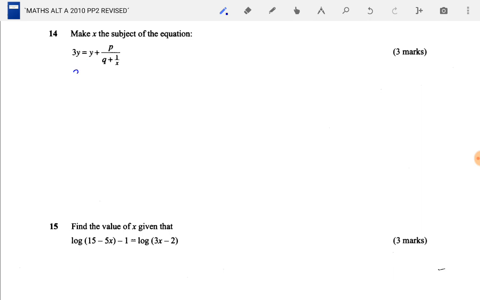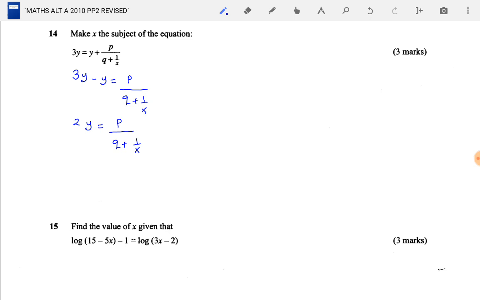so that we have 3y minus y is equal to p over q plus 1 over x. In this way, we get 2y is equal to p over q plus 1 over x.